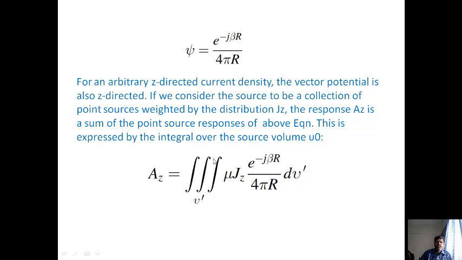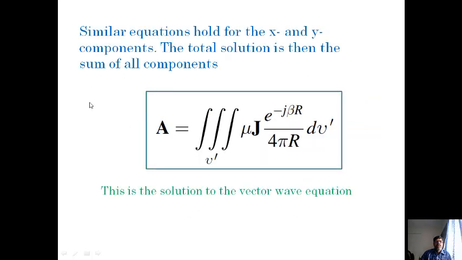For the total response, we have to take the integral over the volume. Therefore, it is a volume integral, and we include the source Jz here, because this solution is for the unit impulse. For the given source Jz, we have to multiply the source with the unit impulse. Then we can write Az as this expression.